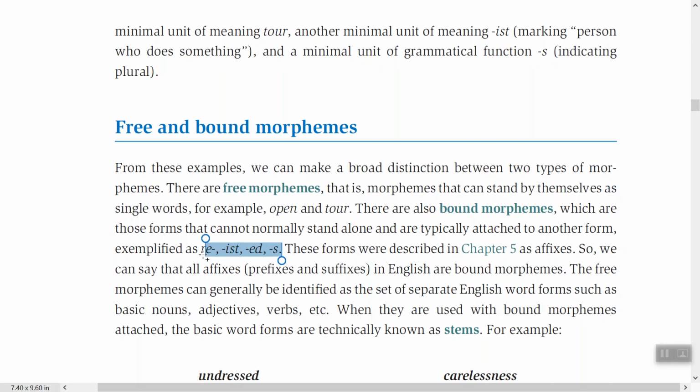When they are attached to other forms, to other words. For example, open is a free morpheme. But re alone is meaningless. Put it with open: reopen. So it can stand with another word, but alone it cannot stand.